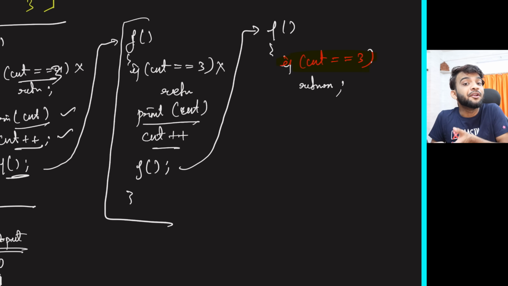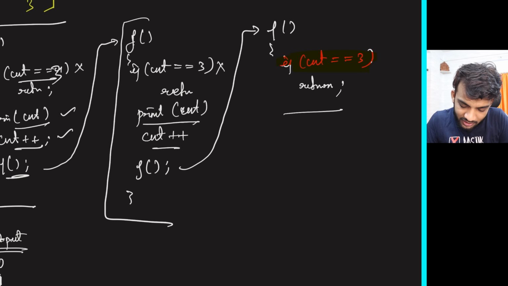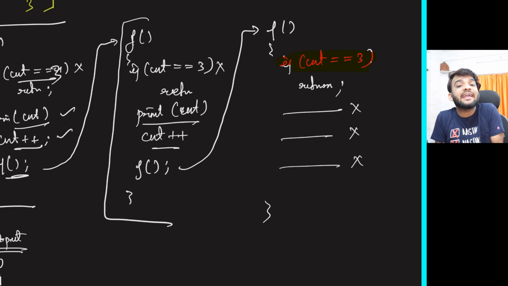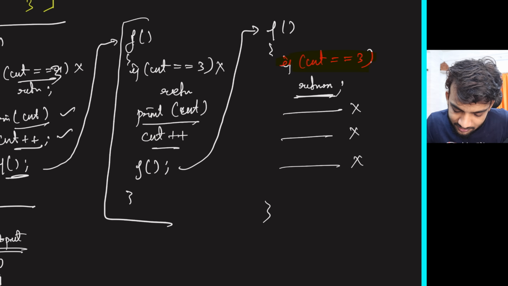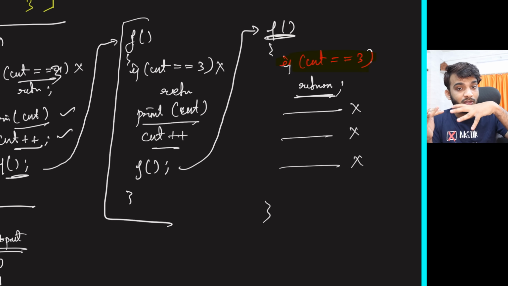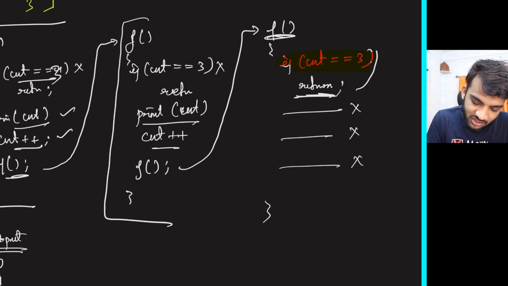Thereby all the next 3 lines will not be executed, and the moment you return, this function is terminated. Remember, if you're writing a return statement inside a function, the function gets terminated then and there. So this says, okay, I'm over.